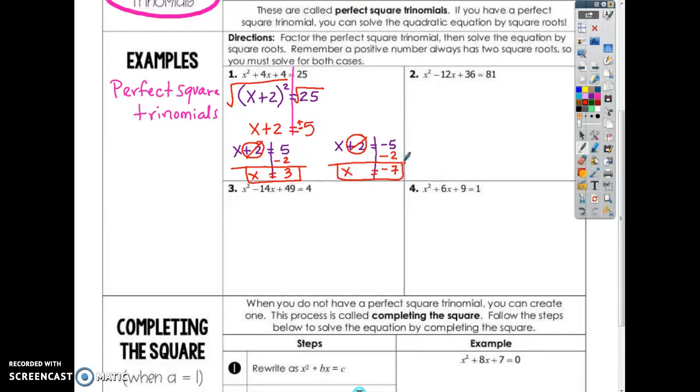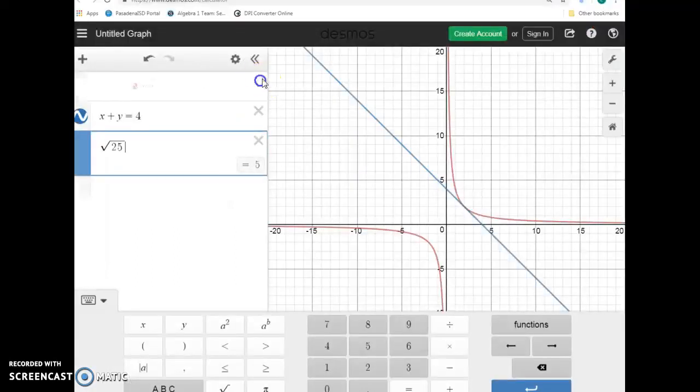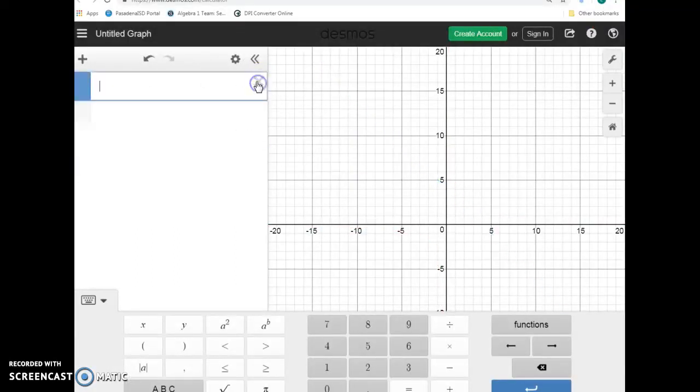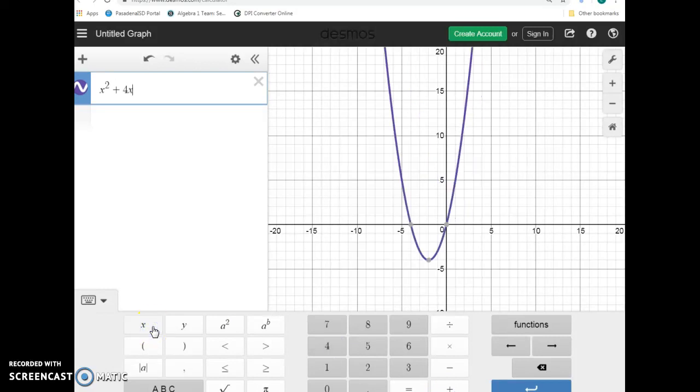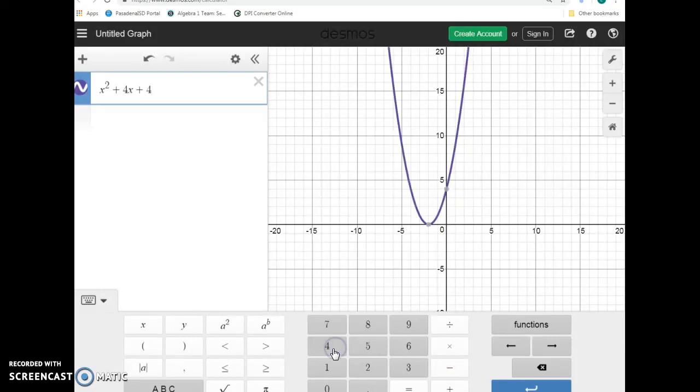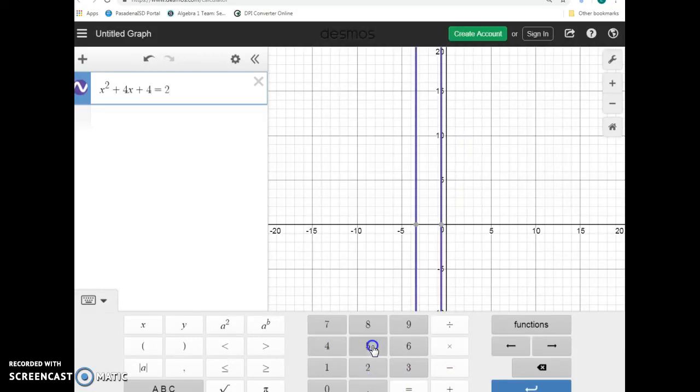Okay? But we can check this in decimals. So we're going to check this using decimals. You're going to type the whole equation. Problem number 1. X squared plus 4x plus 4 equals 25.